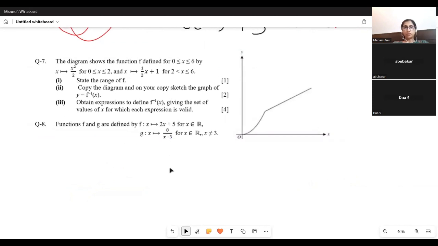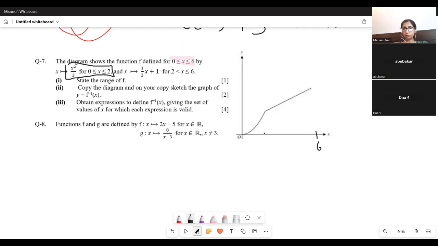The diagram shows function f defined for 0 to 6. अच्छा जी. अब हमने साथ साथ फिगर में वैल्यूज एंटर करनी है. कह रहे हैं 0 से 6 तक फंक्शन डिफाइंड है. So this is 0, so this has to be 6. Okay. Then it says that it's given by x square by 2 from 0 to 2.